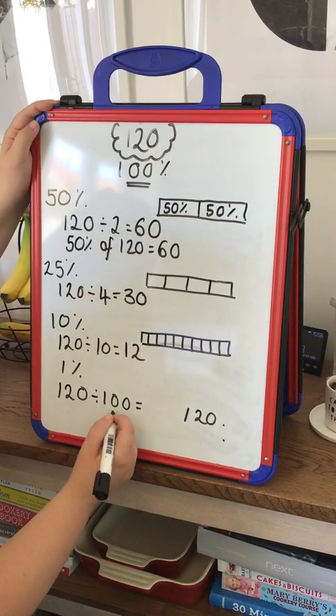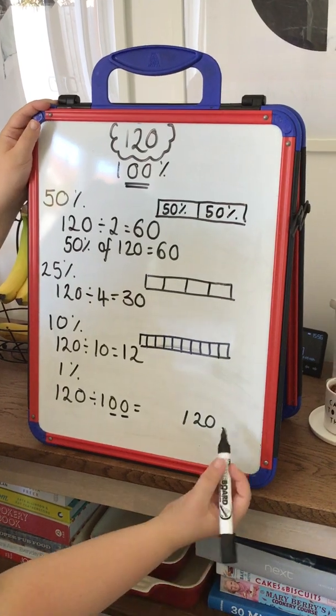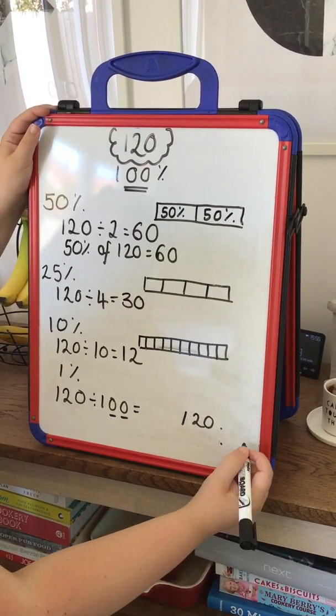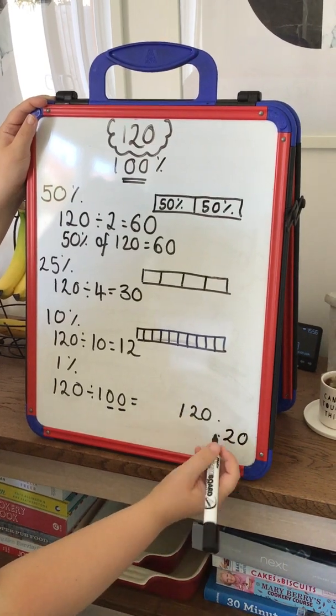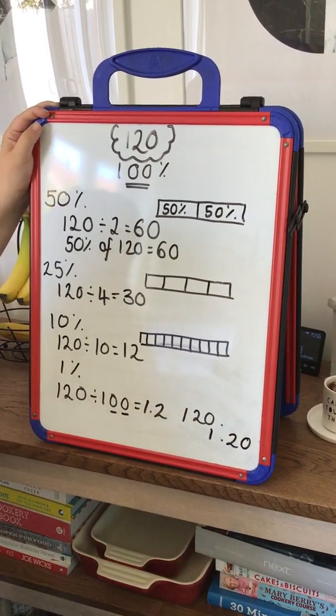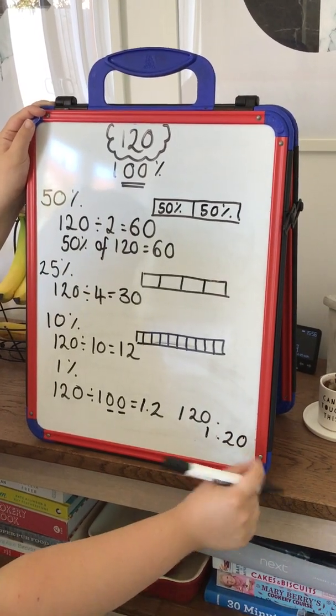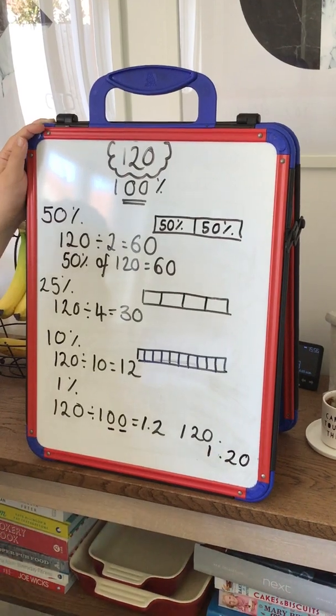Hop everything over 2 squares to the right, it's getting 100 times smaller. So my 0 is going to go, my 2, my 1. So my answer will just be 1.2. That 0 now I don't need because it's not holding a significant place in my number. So my answer for this would be 1.2.